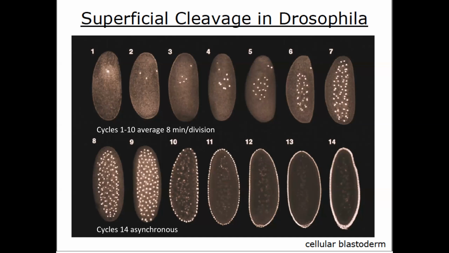So if you're making a fly lacking Notch, for example, you may not find lethality early. Notch mutant flies are lethal, they don't survive, but some mutants survive all the way to larval stages. Post-larvae, they don't survive.